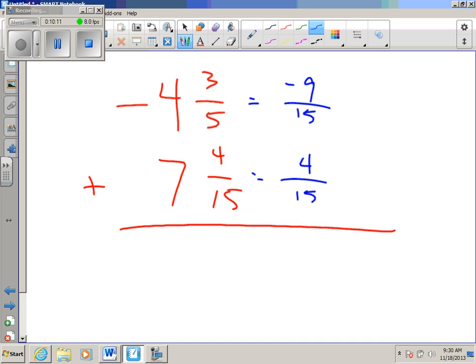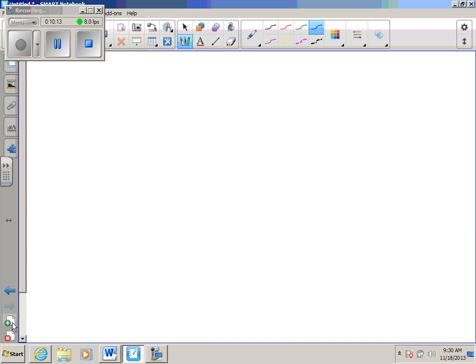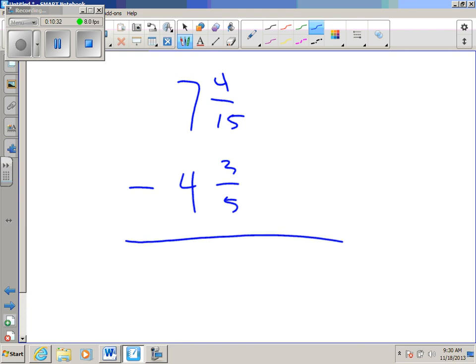Maybe this is one, hold on. Maybe this is one that we switch. 7 and 4/15 minus what? 4 and 3/5? Because there's going to be somewhat of a problem here, I think.